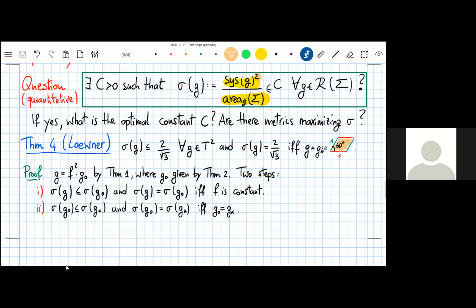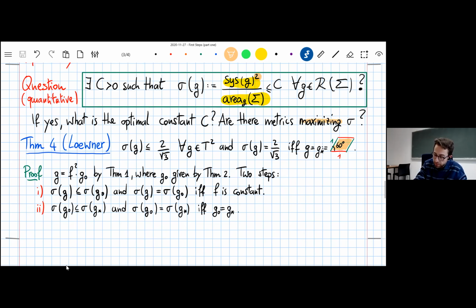So you can think of this as a way to study the space R sigma. And then in case you can say, okay, yes, I can find this constant, there are many more questions that you can think of. So what is the optimal constant, for example? And are there metrics realizing this optimal constant? So are there metrics maximizing the systolic ratio sigma?